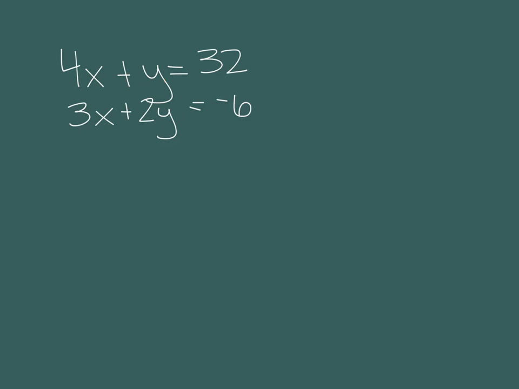So when I work out this problem, I'm going to get this y by itself. To do that, I would subtract the 4x from both sides. So I would get y equals negative 4x plus 32. I'm doing this because I have a variable with a coefficient of 1. So when it asks you which way you're going to do it, you would say substitution.